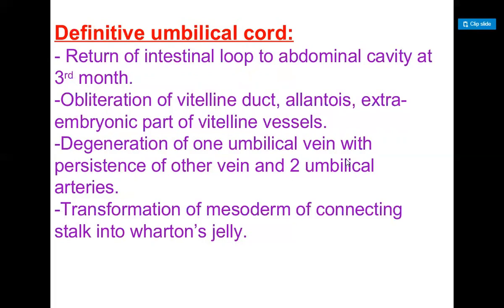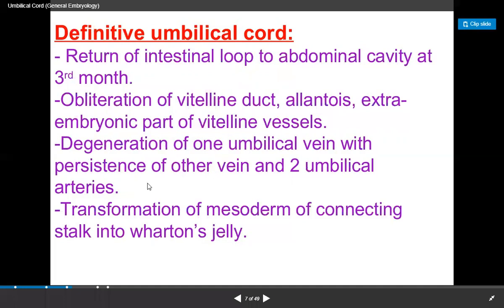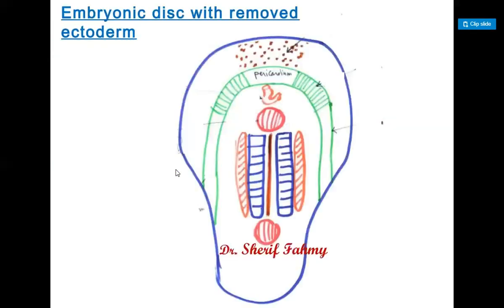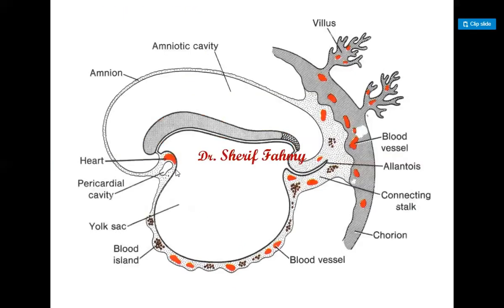What I have already explained is that initially there are two umbilical veins and two umbilical arteries, but afterwards one umbilical vein degenerates. Then the mesoderm of the connecting stalk transforms into Wharton's jelly. So that is in short the concept.